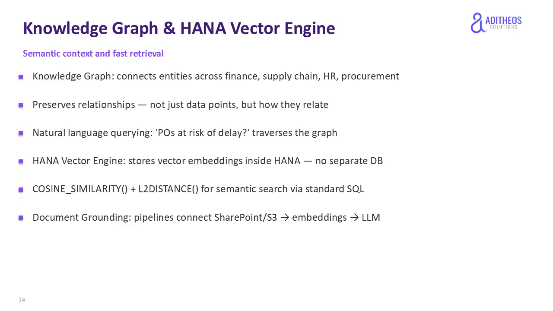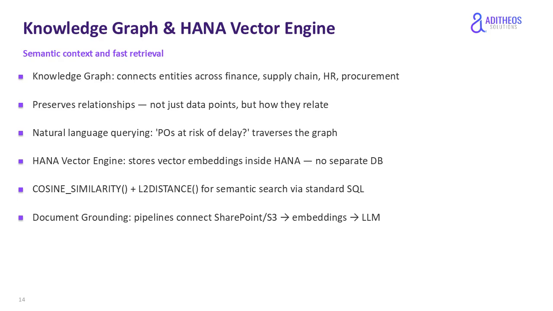The SAP Knowledge Graph is the semantic layer that gives AI systems genuine business context, not just data access, but understanding of how business entities relate to each other. It connects information across finance, supply chain, HR, procurement, and customer data in a way that preserves those relationships.